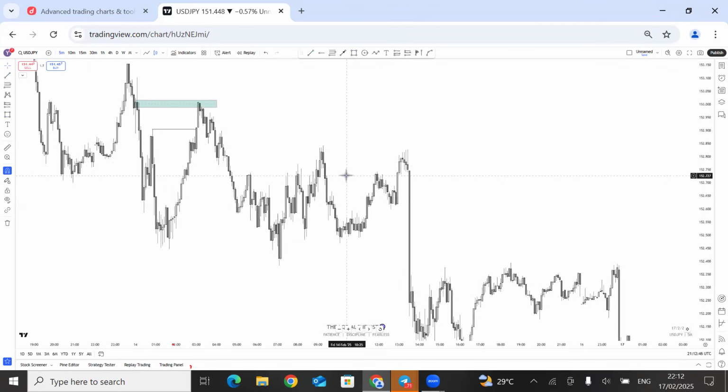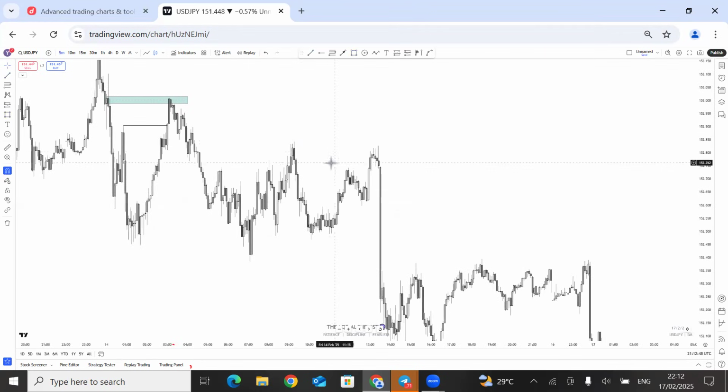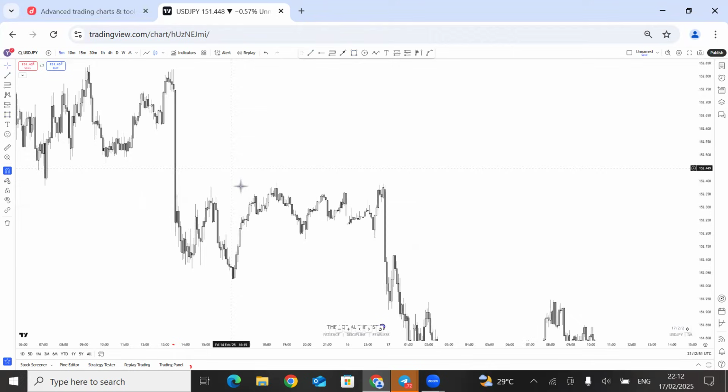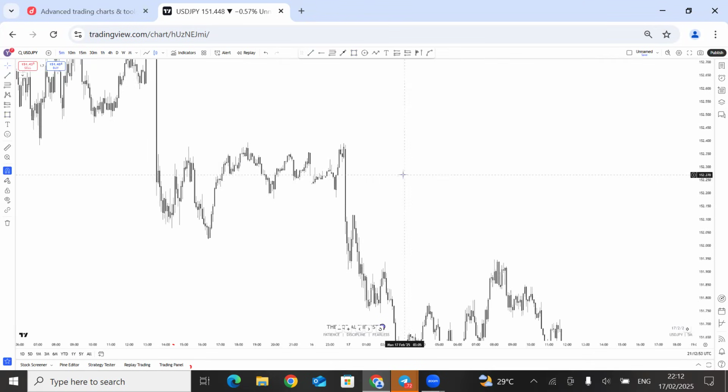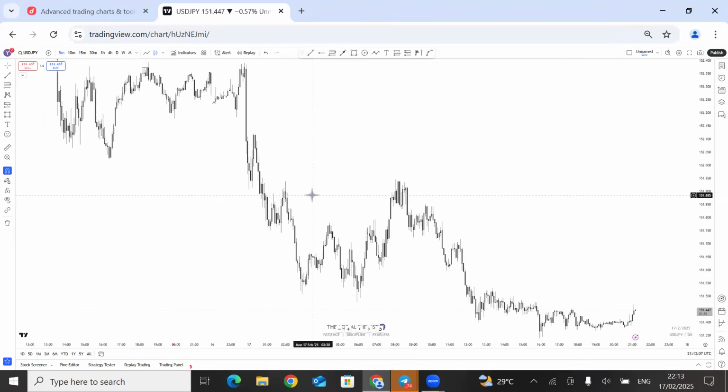Let's check. Something here, going to a lower time frame. See this, yeah, this is a sweep. Protected low liquidity. Price comes, stops here, sells off.